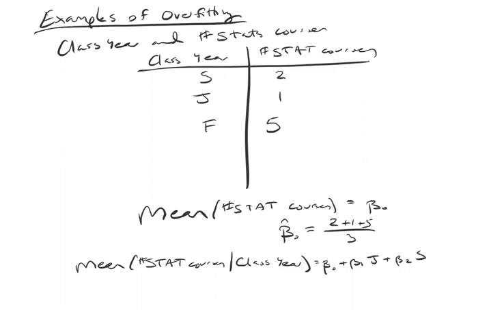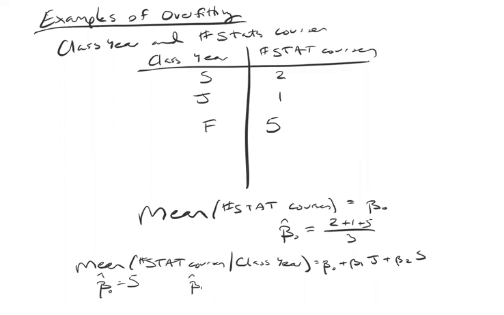Okay. So thinking about this equation, the way we've thought about these equations previously, let's see, to estimate beta 0, well, beta 0 is the mean number of stat courses when you're not a junior or not a senior, therefore you're a freshman, first year. And based on this data set, there's only 1 first year and her mean was a 5, right? And I could do the other one similarly.